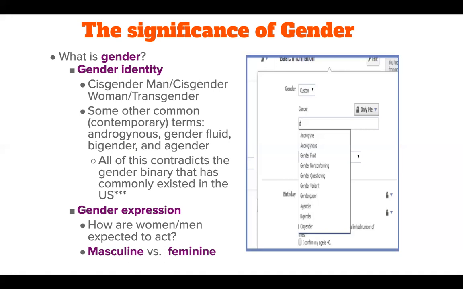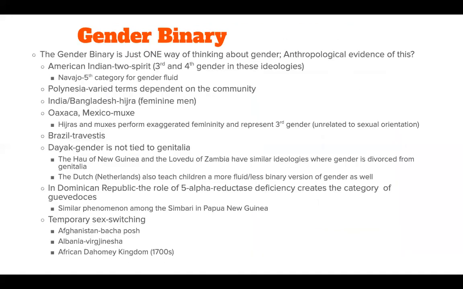And before I talk about gender expression, I just want to go to my next slide, because although you are not going to be required to memorize this, I don't even make my gender class memorize this.